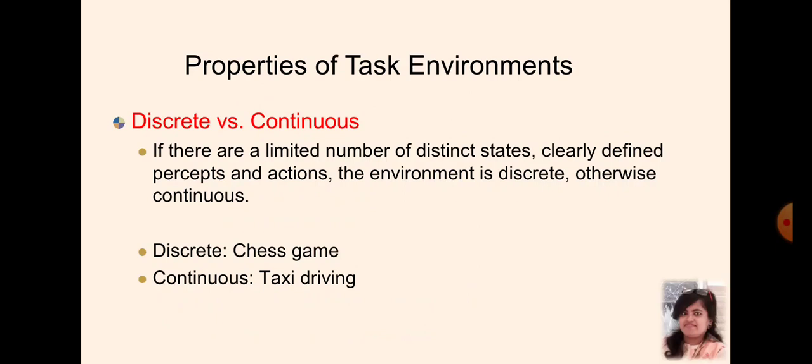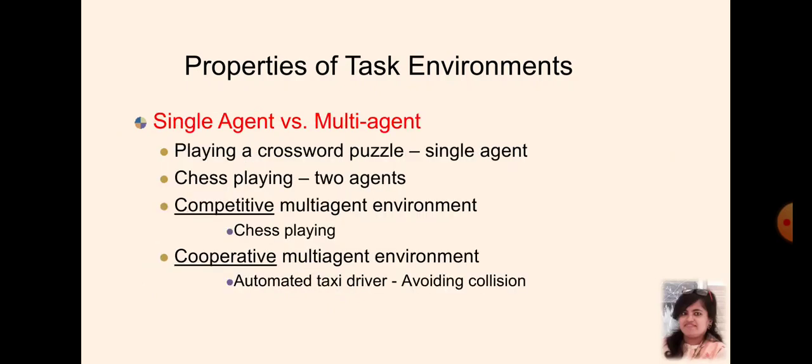It is composed of distinct states, defined by the percepts and actions. But the automated car or the taxi driving is an example of a continuous environment. Why? Everything is moving at a continuous speed. You cannot define the state distinctly. It's in continuous motion. So that was the example of a continuous environment.